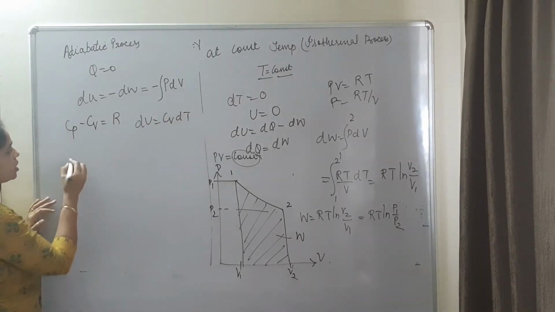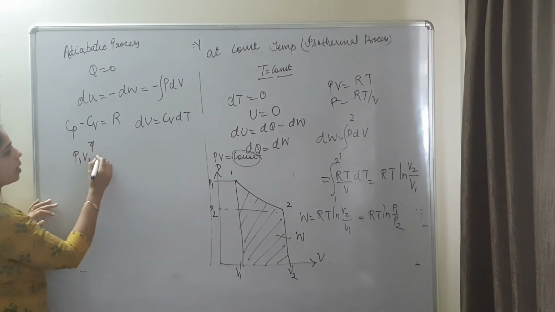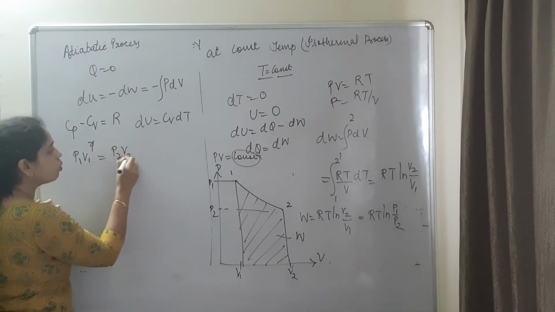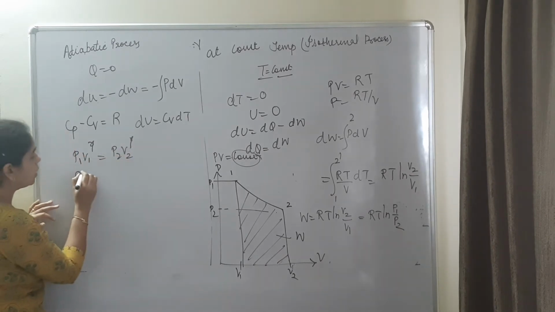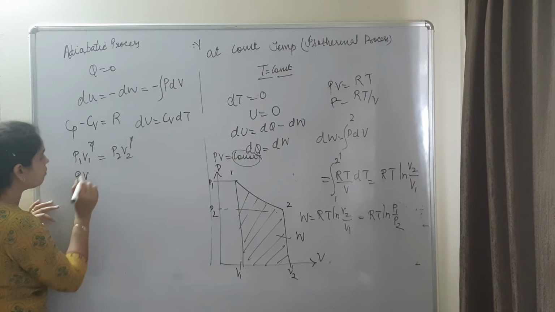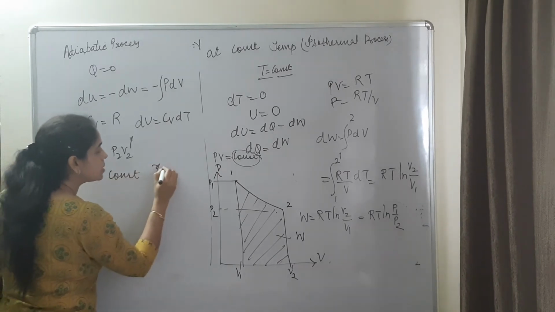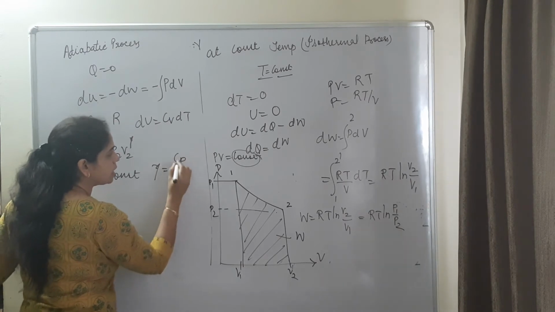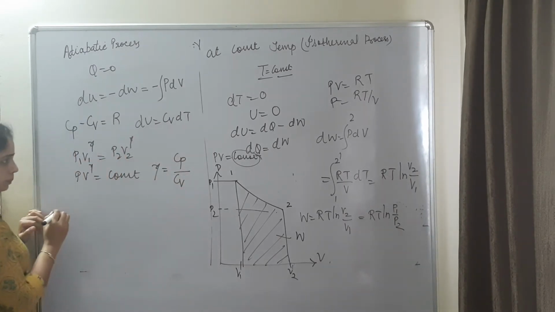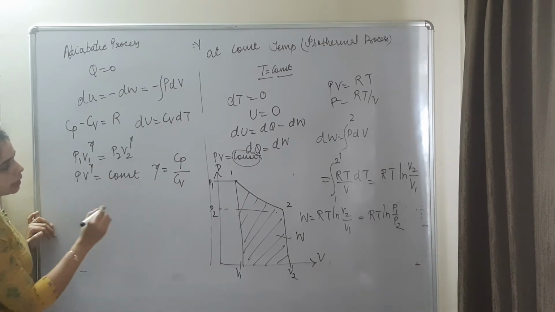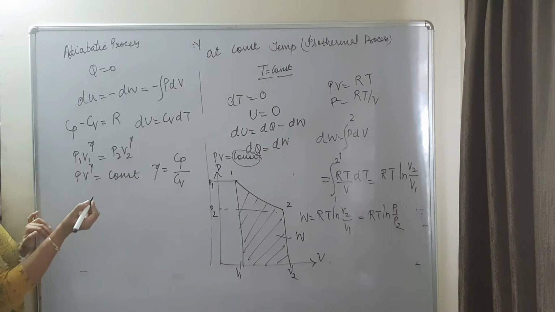So when you solve this, you will get the relation P1 V1^gamma is equals to P2 V2^gamma, and for an adiabatic process, PV^gamma is equals to constant, and gamma is the ratio of heat capacity at constant pressure to heat capacity at constant volume, right? And then you can find out the work done by substituting all these values, right?